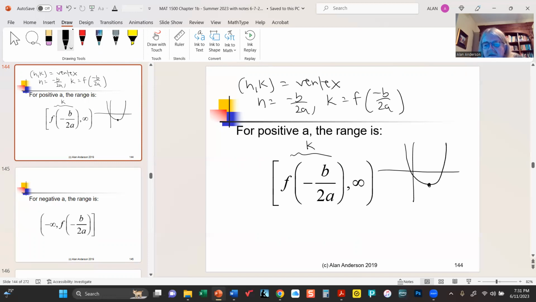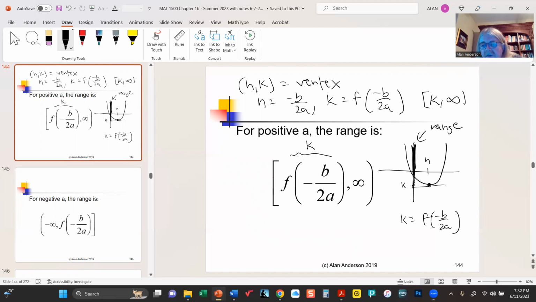That's our minimum point. So the range would be everything from this point up to, color it in basically. That's the range. So we're going to think of it as everything from k up to infinity, or you can replace that k with f of negative b over 2a. If a is negative, that means it's the maximum point that we're looking at.